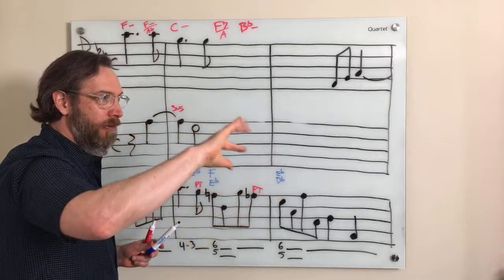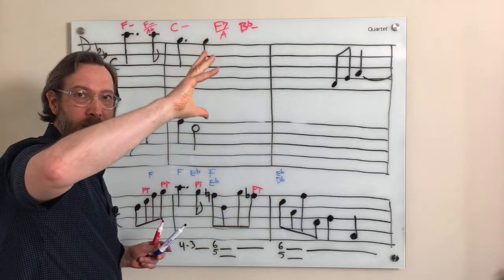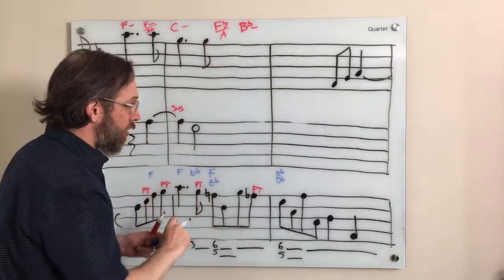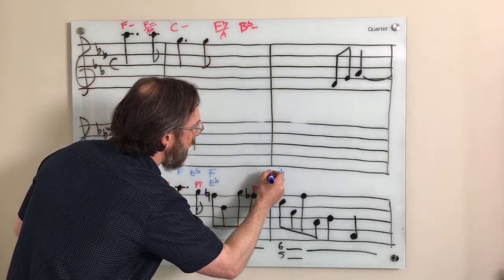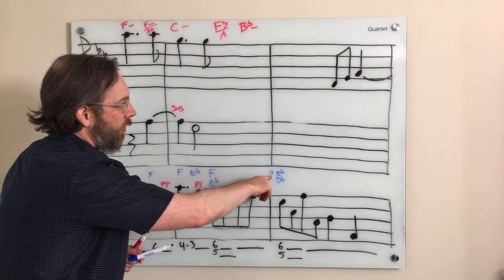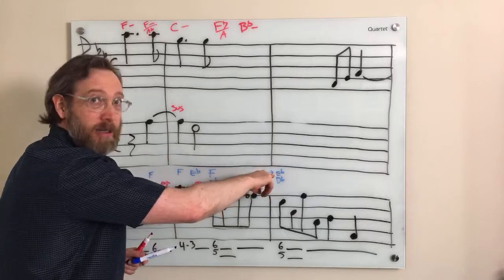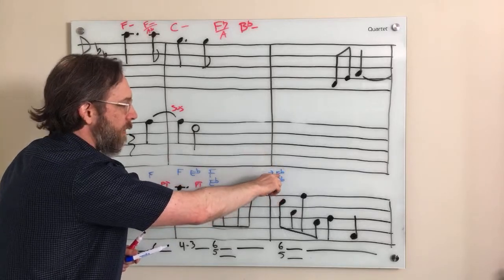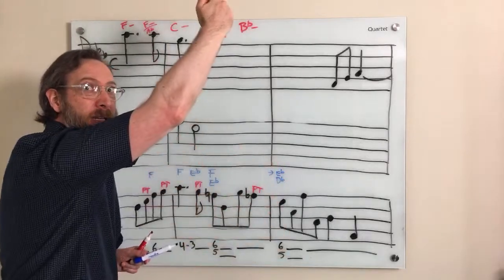Because 1, 3, 5, 7, 1 and 7 are either a 7th apart or when you invert it, a 2nd apart. So if it's a second, the upper note becomes the root, and the D flat becomes the 7th.